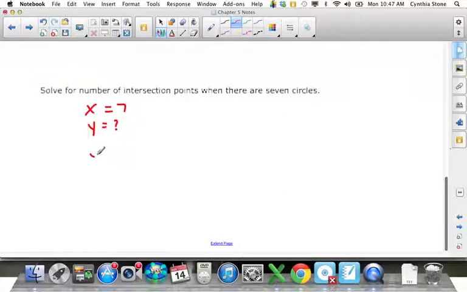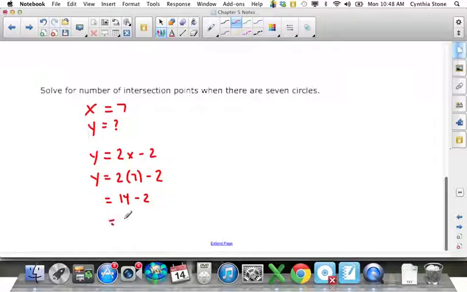So my equation is y equals 2x minus 2. And so I say y then equals 2 times 7 minus 2 equals 14 minus 2 equals 12.